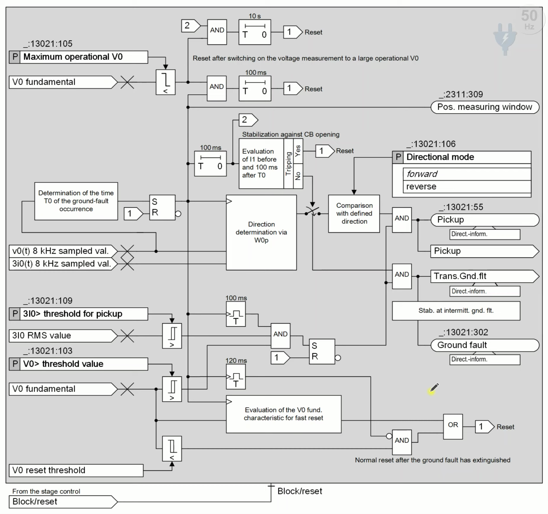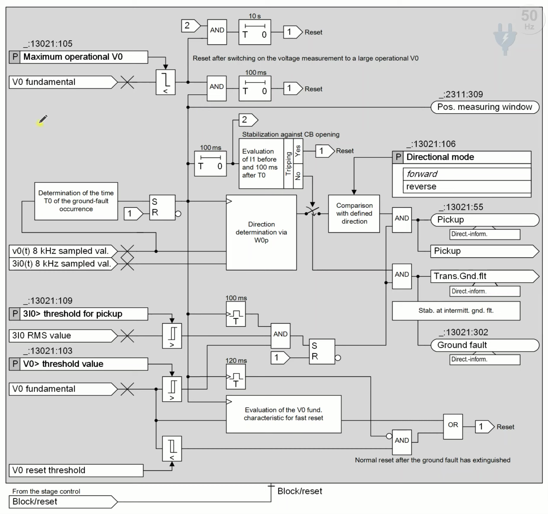Now let's understand the logic behind this function: how the relay detects this type of fault, how the relay decides the direction of the fault, and how the relay gives us the chance to decide whether to trip on this type of fault or not. The logic behind this function is divided into three portions.